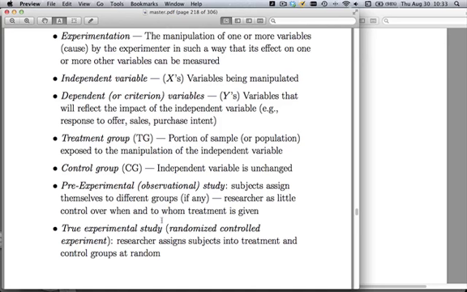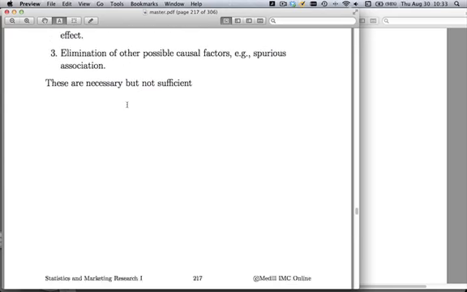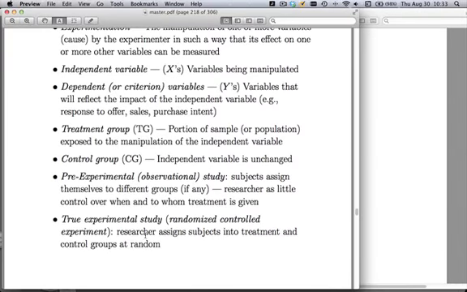classes of experiments. The reason why it's really important to understand whether you have a true experimental design or a pre-experimental design is this last point. So if the experimenter can randomly assign people to treatment conditions, you randomize away other possible causal factors. Okay, so these give you much stronger evidence that you've got causality.